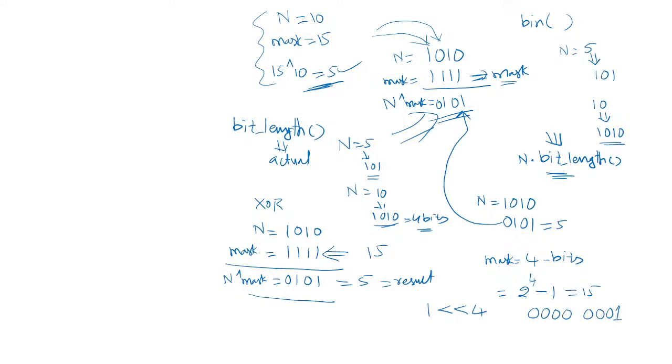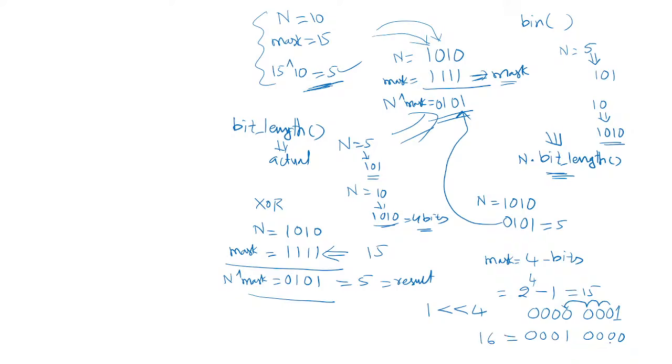If you move 1 left by 4 positions, the 1 comes here. Then it becomes 0 0 0 1 followed by 0 0 0 0. In decimal it is nothing but 16.